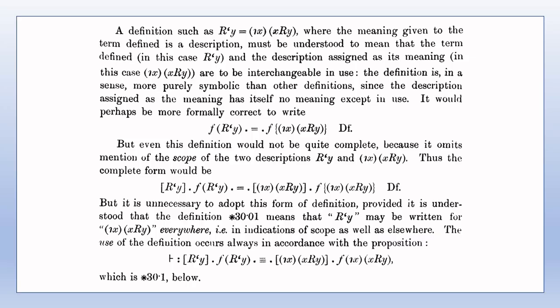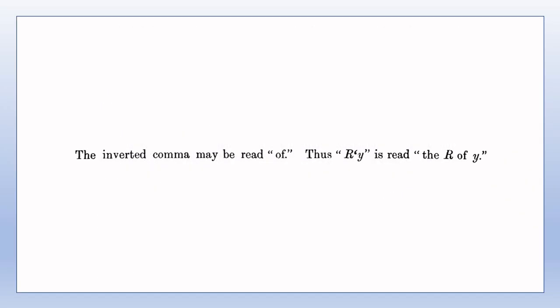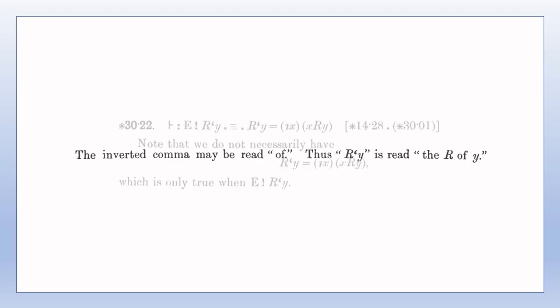A clue that we're dealing with a descriptive function is the inverted comma, for example, like the one in R primed y. These commas will appear all over the place when we come to domains, converse domains, unit classes, products and sums of classes, and so on, so keep your eye out for them. On page 32 of the introduction we read, the inverted comma may be read of, thus R primed y is read the R of y.